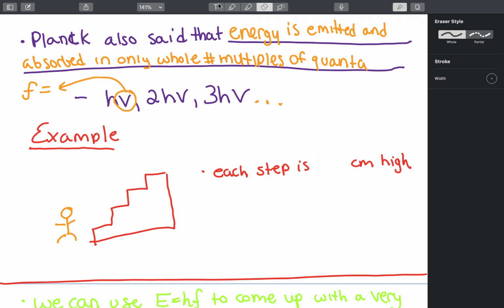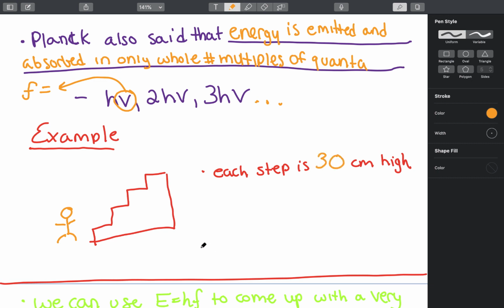Imagine that each step is maybe 30 centimeters high. In order to go from one step to the next, you have to climb up 30 centimeters. So this step is 30 centimeters, this step is 30 centimeters, and so forth. To climb up each step, you have to go up 30 centimeters.